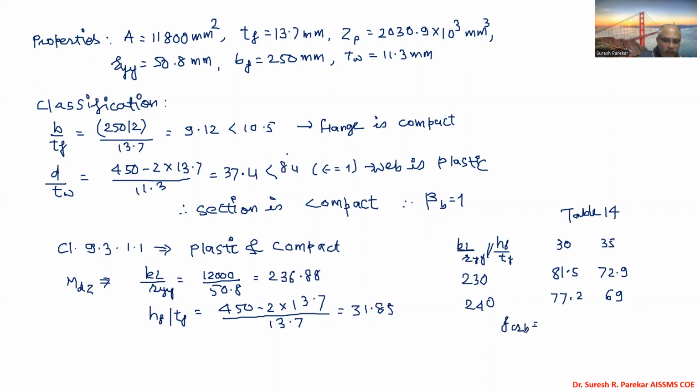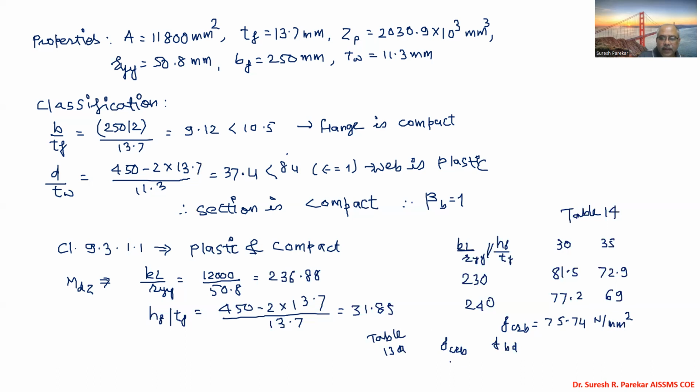And if you calculate this value, we will get FCRB. Now I will not calculate this. You can go through this. We have 75.74 Newton per mm square. And knowing this value of FCRB, from table 13A, we have FCRB and FBD.